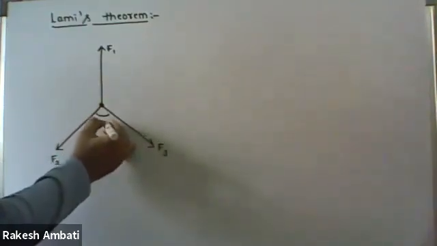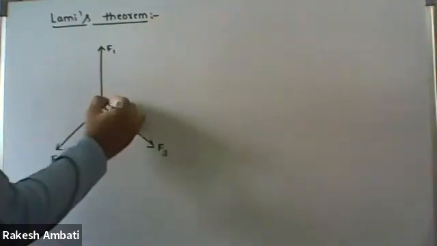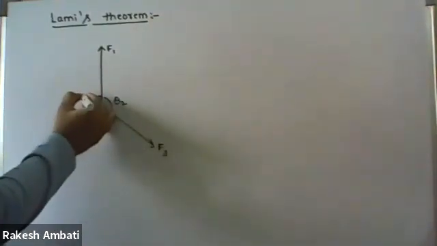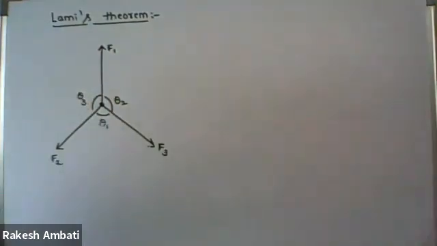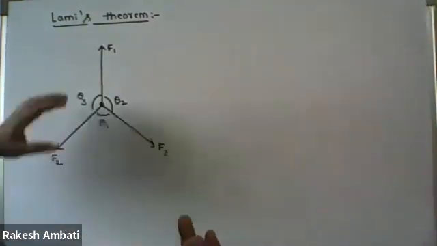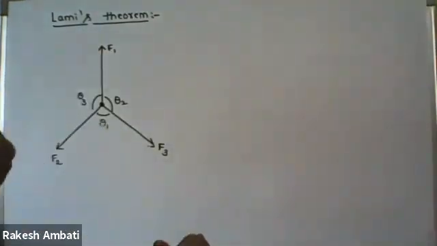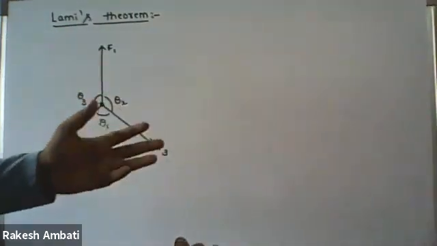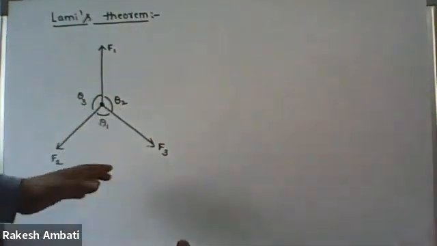This angle, let it be theta 1, this angle theta 2, and this angle theta 3. In the last class I already told you the conditions when we have to apply Lami's theorem, so the whole content we completed in the last lecture. The only thing is the mathematical formula I want to explain briefly.